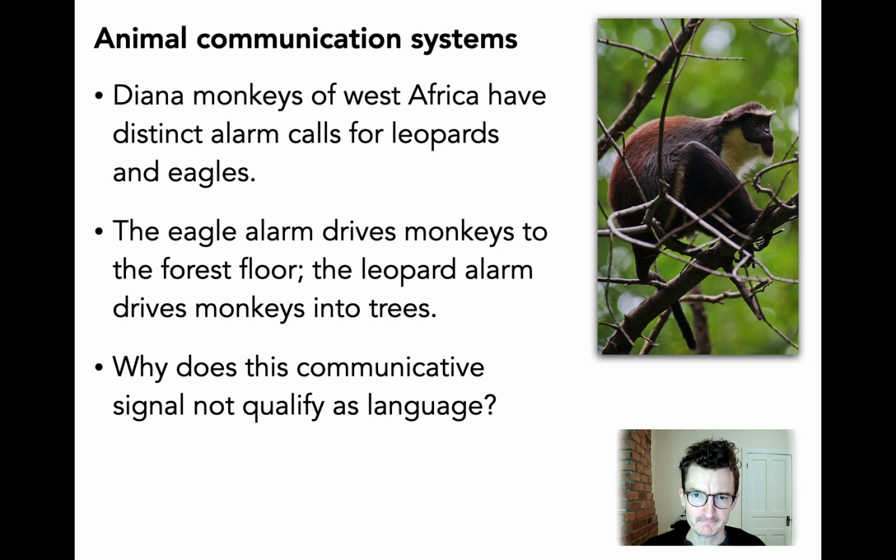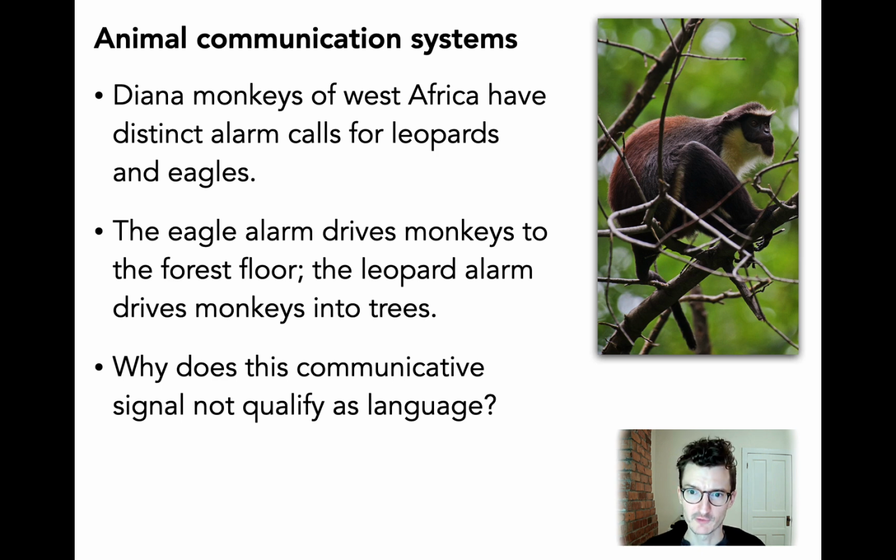And again, what you have to ask yourself is, is there any evidence that they can combine these arbitrary calls at will, to create something new, to create a new idea, to express a new thought? And so far, we haven't encountered any communicative system in animals that allows for that.